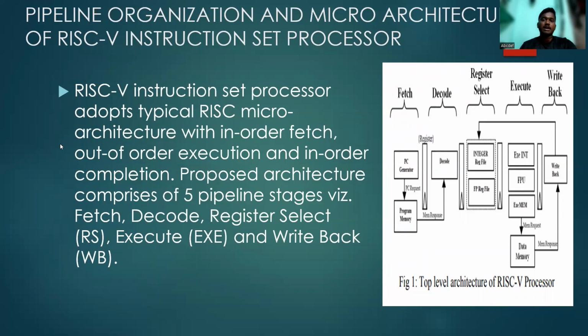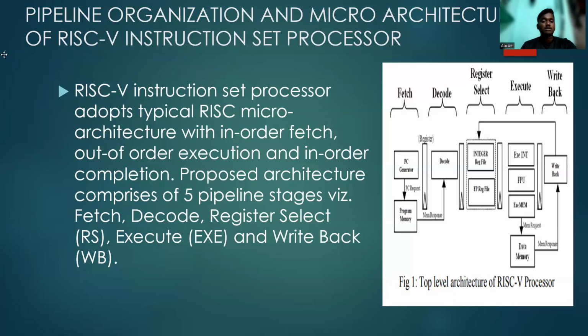Pipeline organization and microarchitecture of RISC-V instruction set processor. RISC-V instruction processor adopts typical microarchitecture with in order fetch, out of order execution, and in order completion. Proposed architecture comprises 5 pipeline stages, namely fetch, decode, register select, execute, and write back.